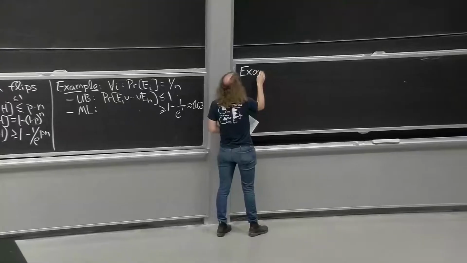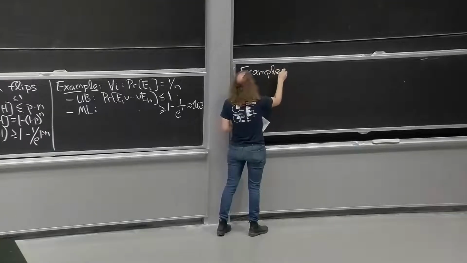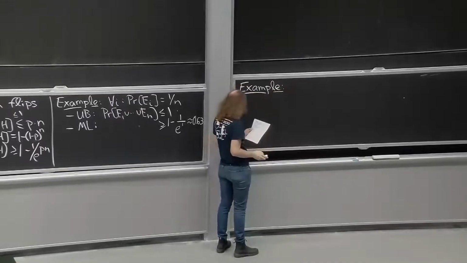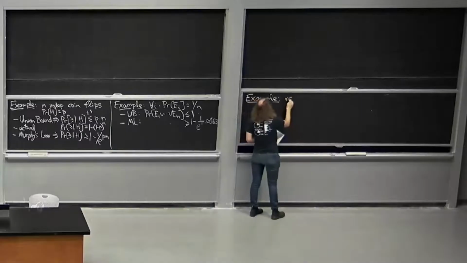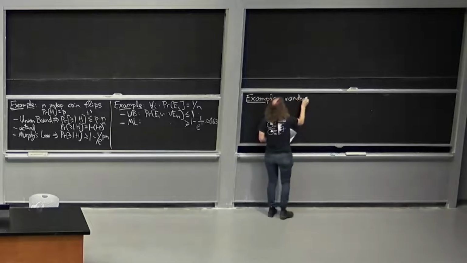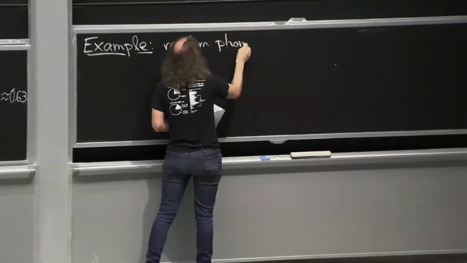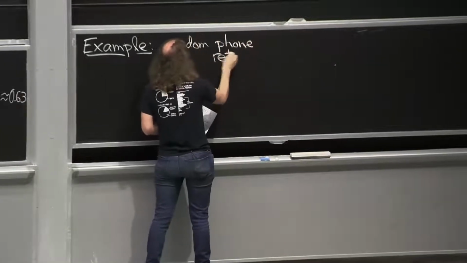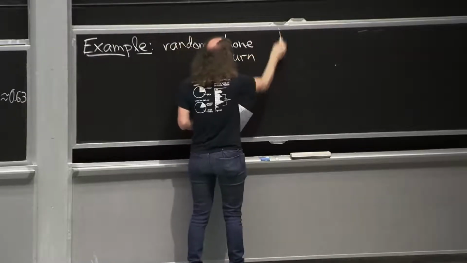So we did 2 examples at the end of last class with randomized phone returning. At some terrible school where you get a randomly selected phone when you go home.